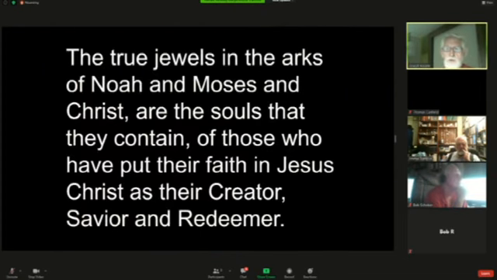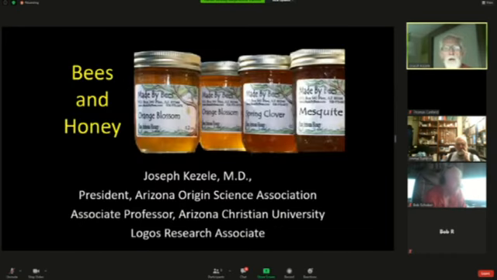But the true jewels that we have in the arks of Noah and Moses and Christ are the souls that they contain, those who put their faith in Christ as their creator, savior, and redeemer. So that takes us from amber itself to this amber colored substance we call honey.